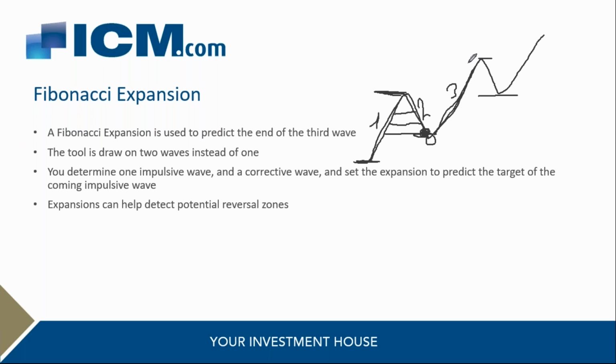In order to know where wave 3 could end, I can draw the Fibonacci extension on the first wave from point A to point B. Then I'm going to have the extension levels 1.236, 1.382, 1.618. So I could start setting proper targets where the market could be heading, or where the coming corrective wave could come in.